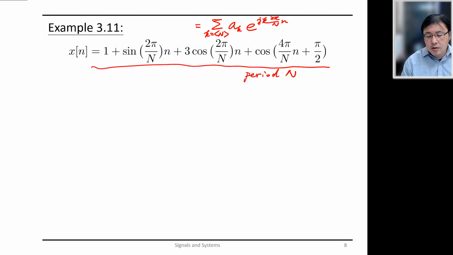So to find these coefficients a_k, we can again apply Euler's relation to split up these sinusoids.